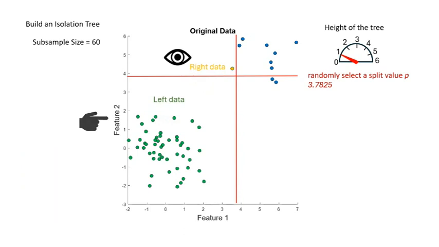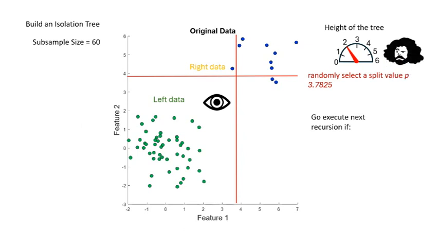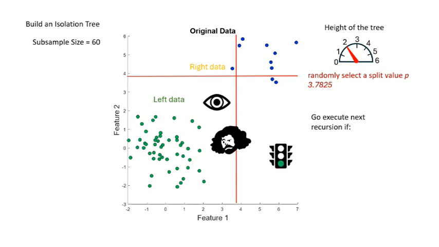We continue these steps under two conditions. Condition 1 is that we haven't reached the maximum height of the tree, and that the current data that we are analyzing consists of more than one instance. Otherwise, we already isolated the instance at that particular step.